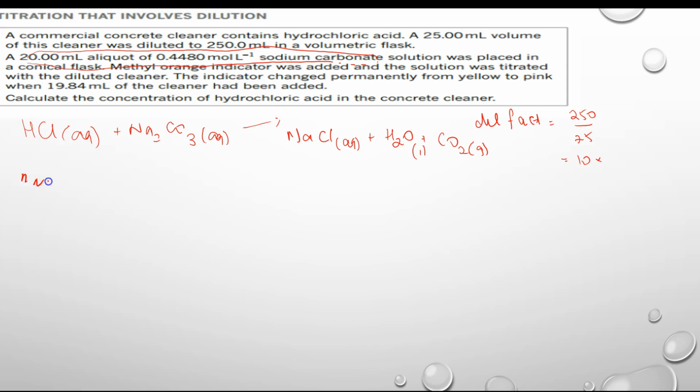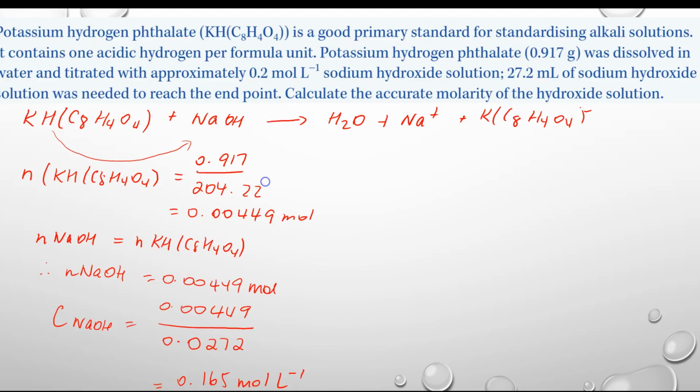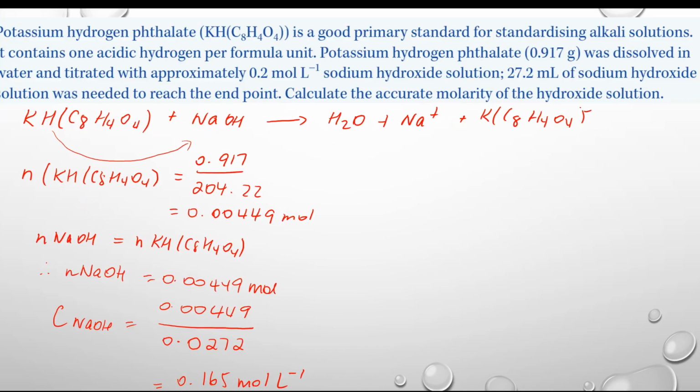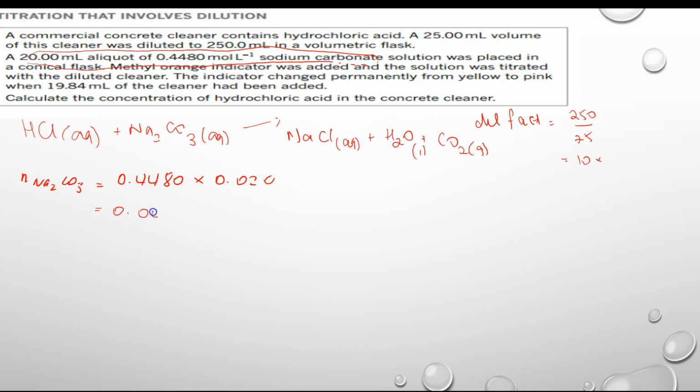So our moles of Na2CO3 is equal to the concentration, which is 0.4480, and the volume is 20 mL in that one, so it's 0.020 litres. With that we get 0.008960 moles.